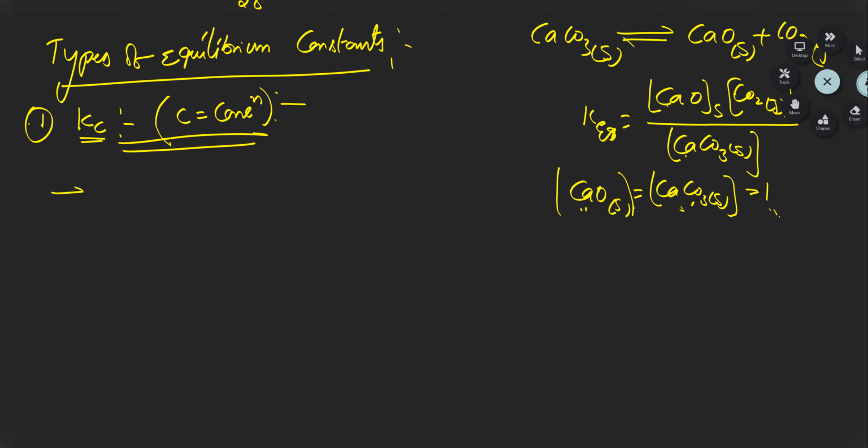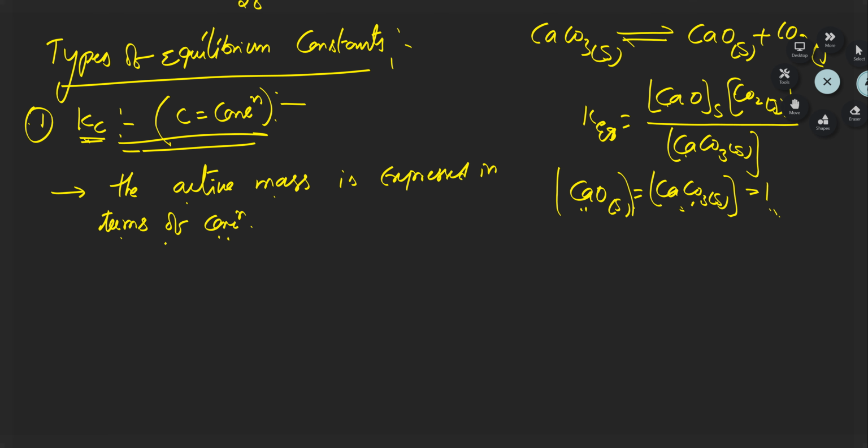Now, when the active mass is expressed in terms of concentration, then it is going to be derived by equilibrium constant Kc. Active mass which is represented by concentration, then we are going to find out the Kc.